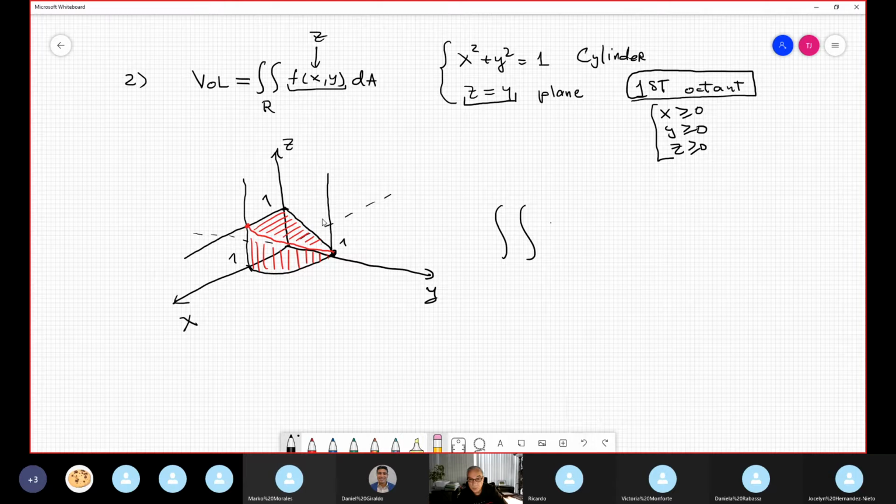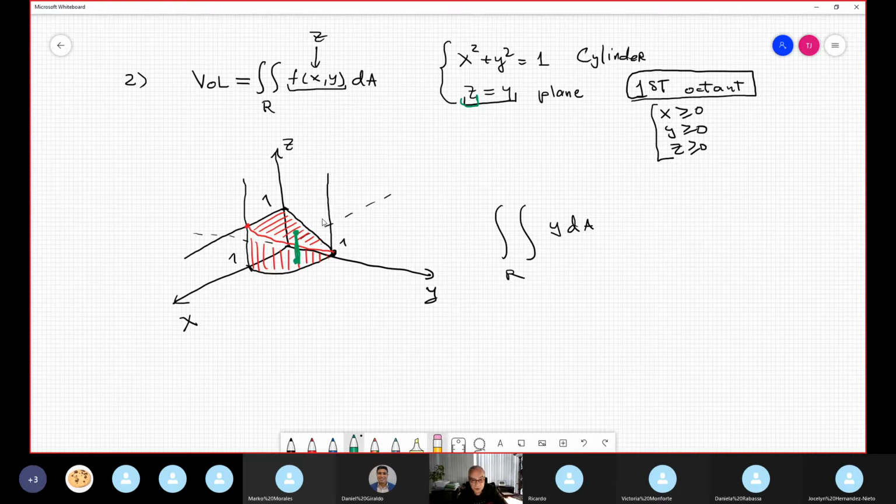So y dA in the region R. And who is the region R? Okay, listen. Let me use green color. The height is this, the z value of the plane. That is the reason why.